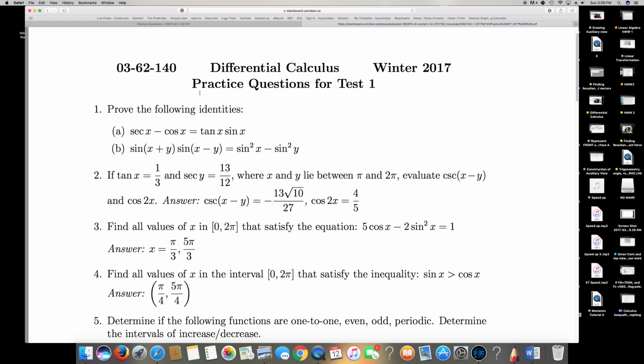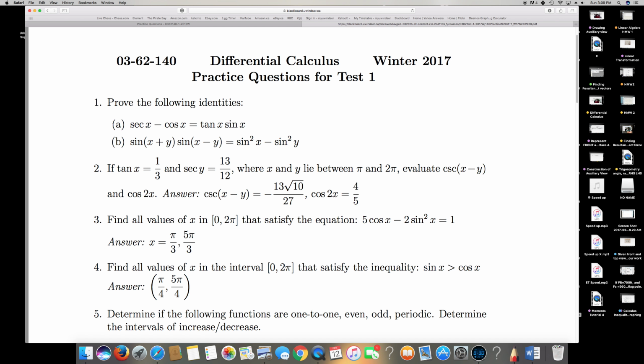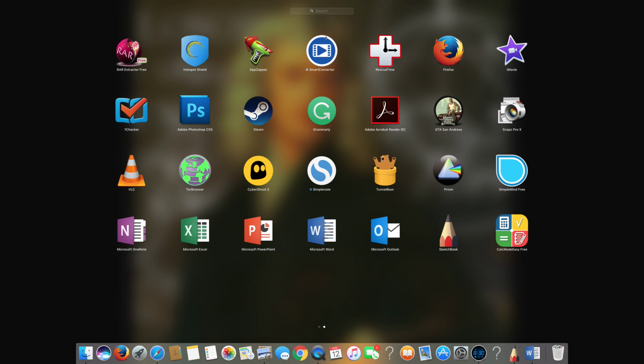The first question is asking to prove the following identities. The first question says sec x minus cos x is equal to tan x sin x. So I have to prove that the left hand side is equal to the right hand side.